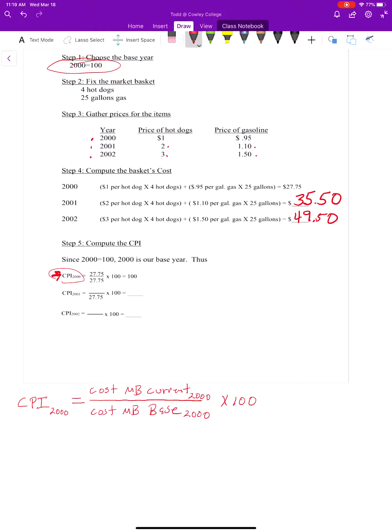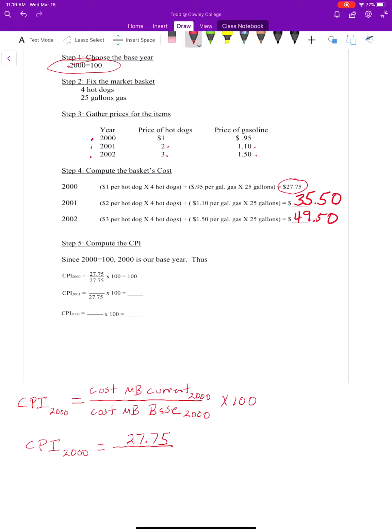So to calculate the cost of the market basket in the year 2000, this would be the formula that you would use. The consumer price index in the year 2000 would be equal to the cost of the market basket in the current period, which is $27.75, divided by the cost of the market basket in your base year.